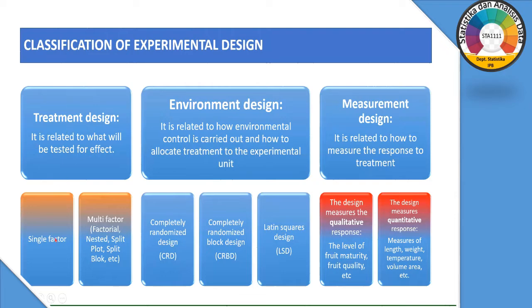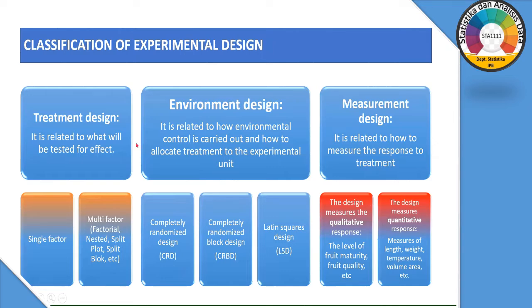If the treatment design is single factor, what is the environment design? Let's say we want to apply CRD. It means the treatment design is single factor, and the environment design is completely randomized design. And what is the measurement design? Okay, I want to measure both qualitative and quantitative. It is fine, because in a single experiment, you may have more than one measurement.